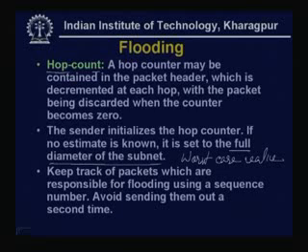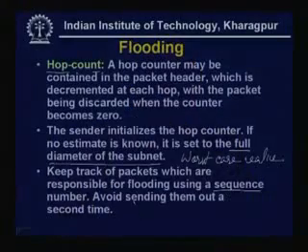Another technique that can be used is to keep track of the packets which are responsible for flooding using a sequence number. That means the sequence number keeps track of which packet is flooding the network. So whenever it comes a second time, it is not forwarded.